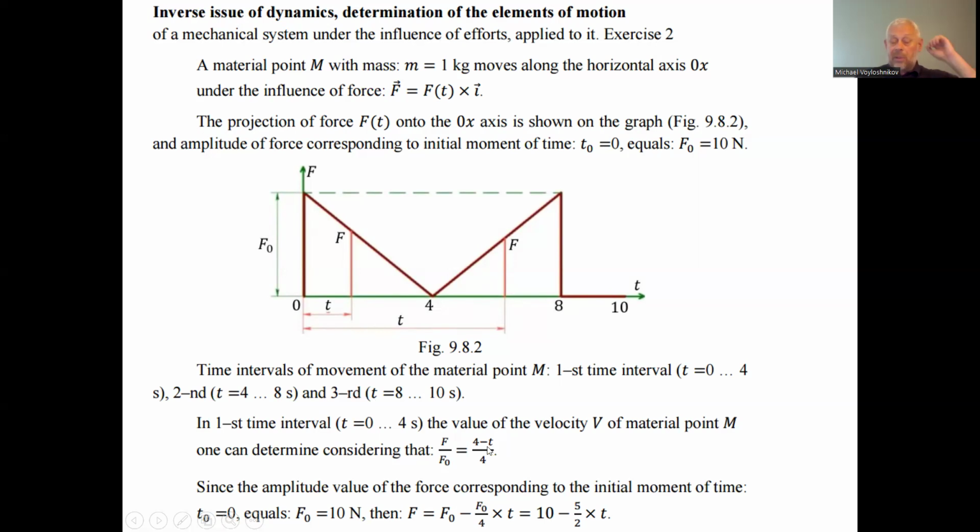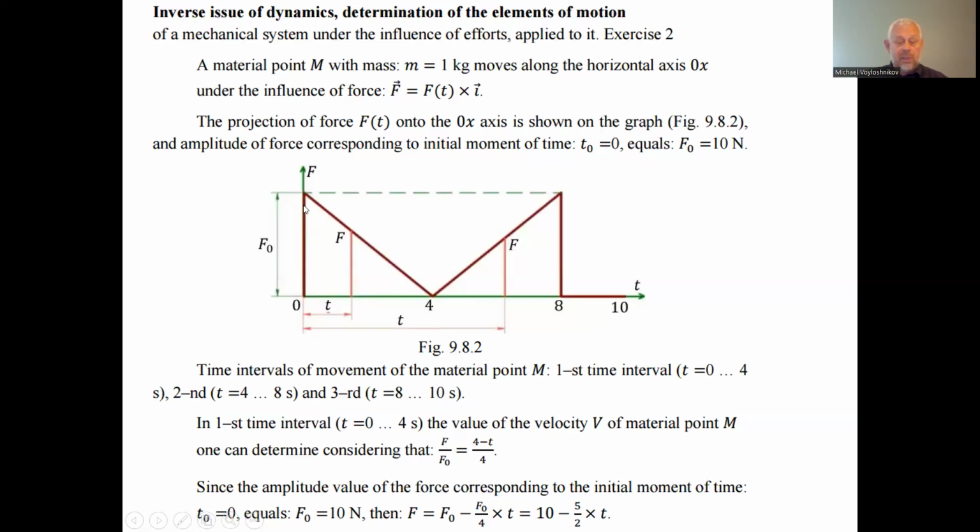In the first time interval, one can determine the value of the force exactly, because to find the velocity we have to find the acceleration, next find the integral of the acceleration, and then we will have the velocity. But first, the value of the force is found due to proportionality on the diagram, where we have two right-angle triangles.